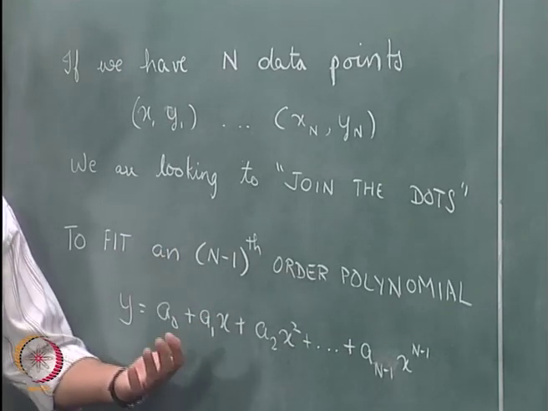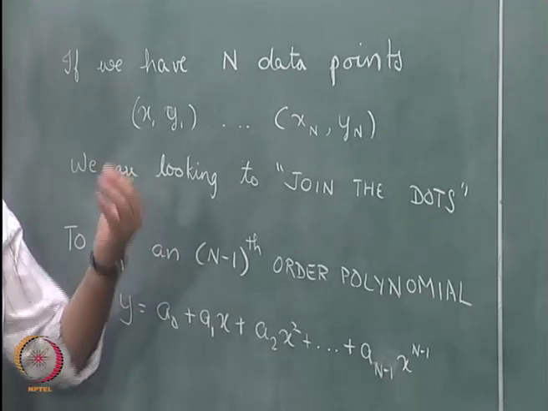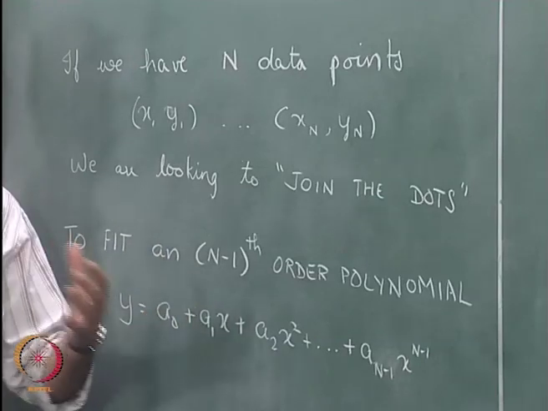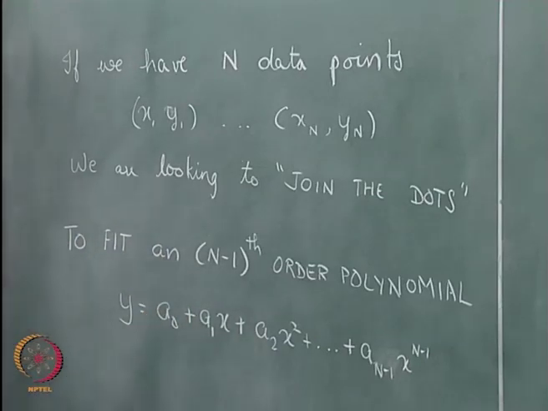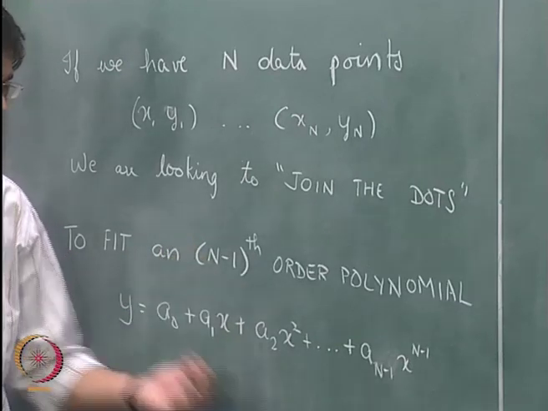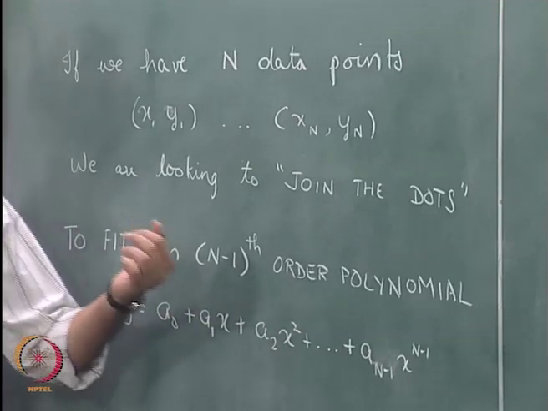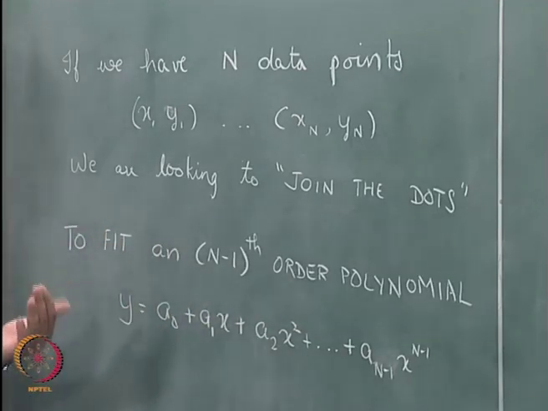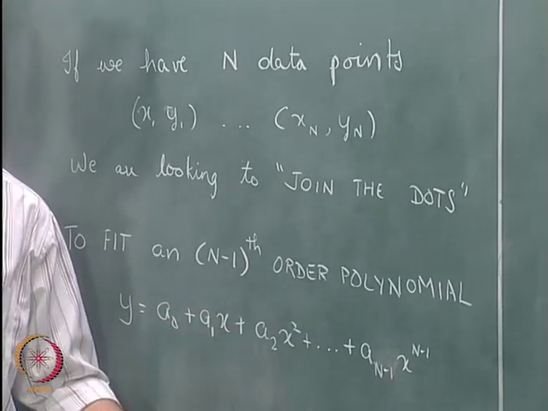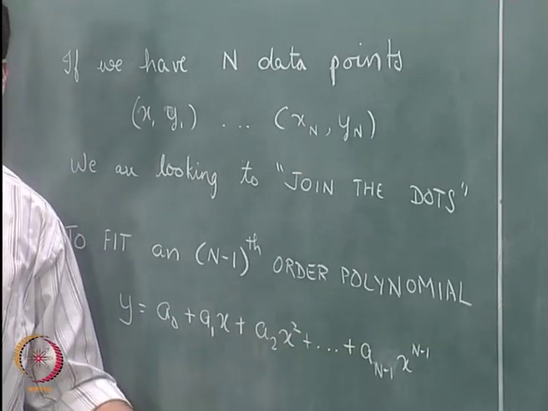The equations that we will get are going to be of the form derivative of the sum of square errors. If SE is the sum of square errors, just recollect what we have done in lecture 2 of this module. If SE is the sum of square modeling errors, y minus y hat, then the first equation is dSE by da0 equal to 0, the second equation dSE by da1 equal to 0, and so on up to dSE by da(n minus 1) equal to 0.